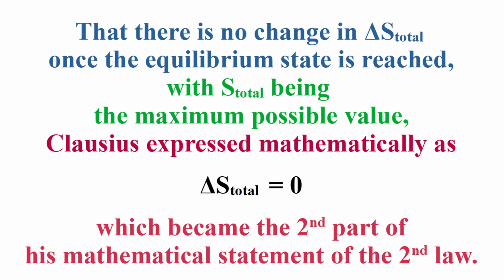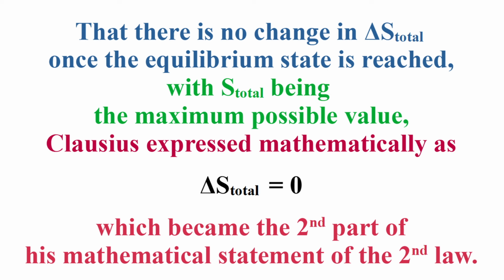That delta S total does not change any further as the equilibrium temperature stays constant implies that delta S total equals 0 once the equilibrium state is reached during this irreversible spontaneous process.